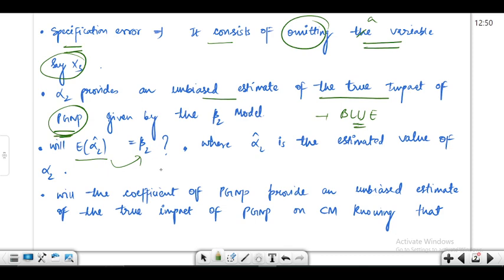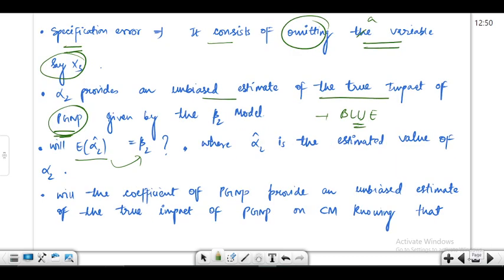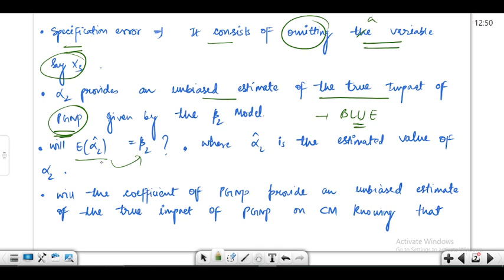The question that develops here is: if we estimate child mortality using this model instead of this model, will the expected value of alpha 2 hat give me the same value of the coefficient as in the actual regression function?